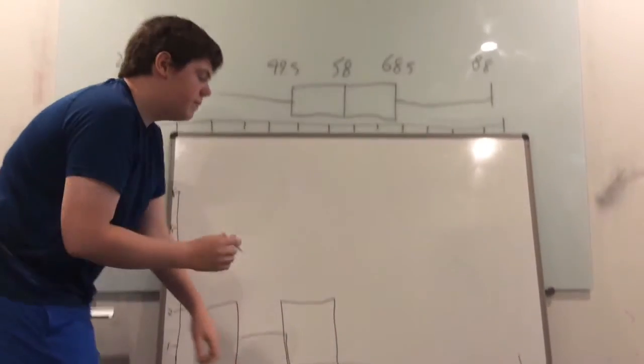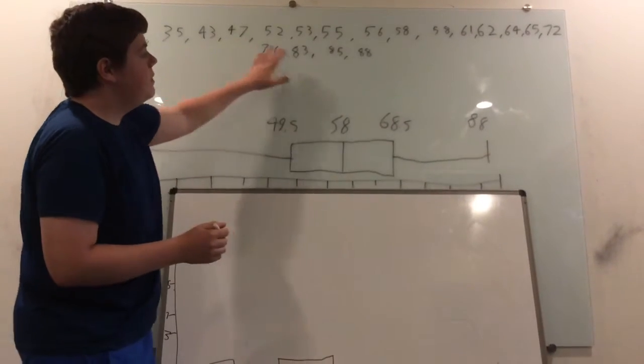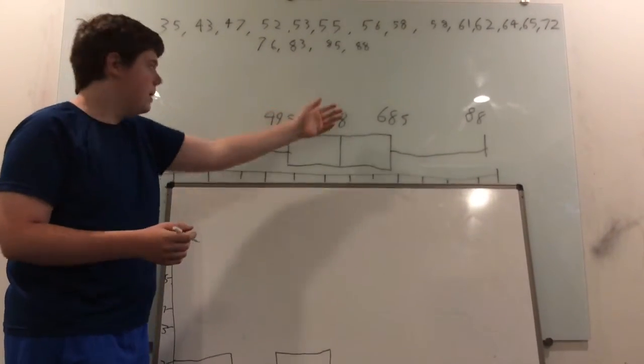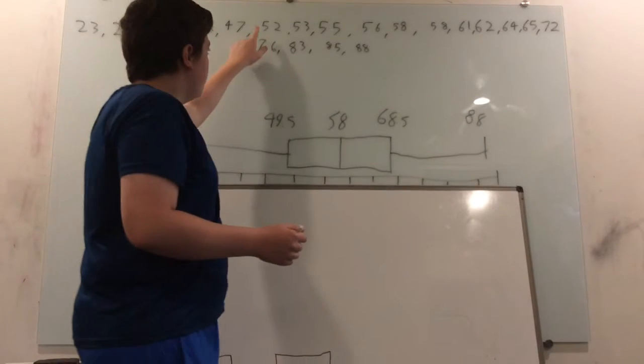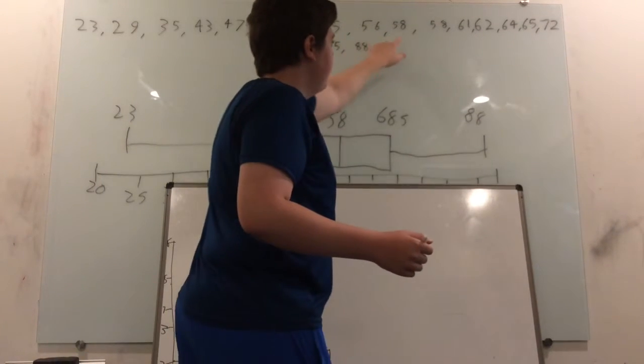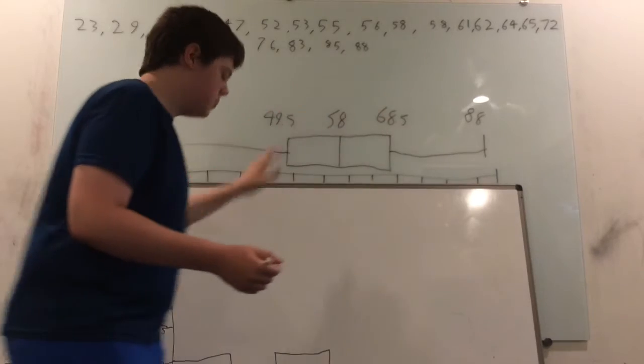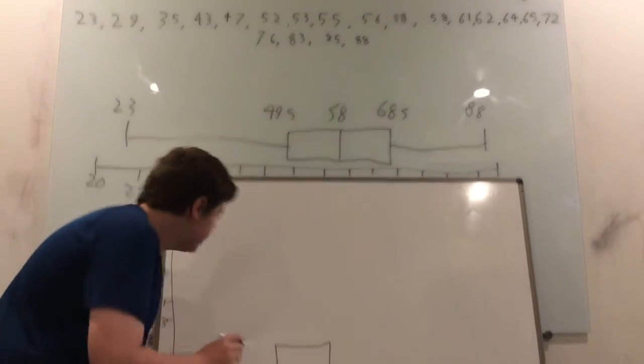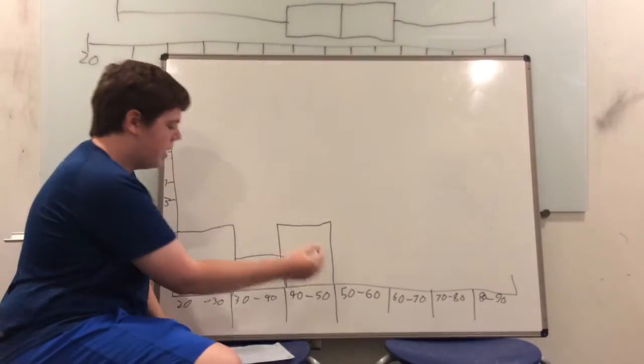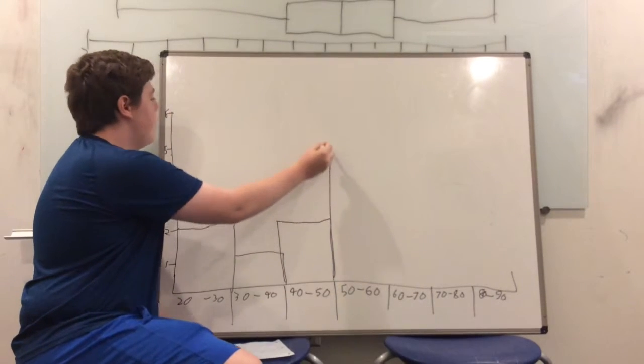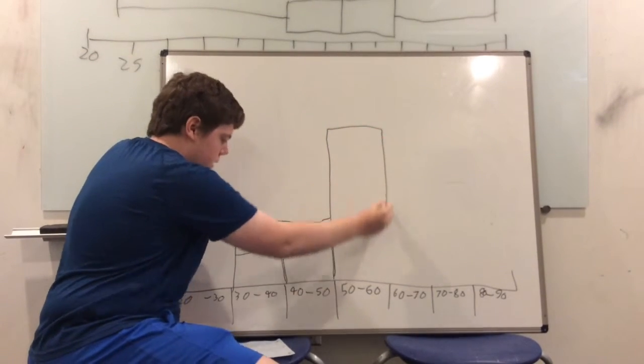Now we have to find between 50 and 60, and we can see that we have many numbers. We have 1, 2, 3, 4, 5, 6. We have 6 numbers between 50 and 60. So that 6 is all the way up here, and we go up, over, and down.